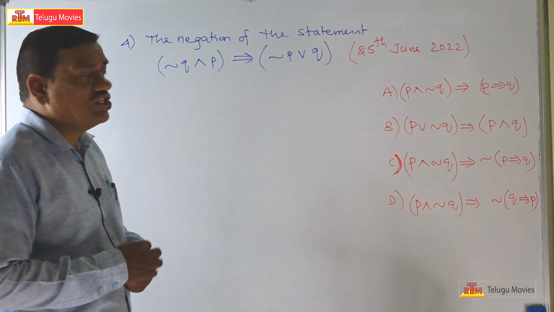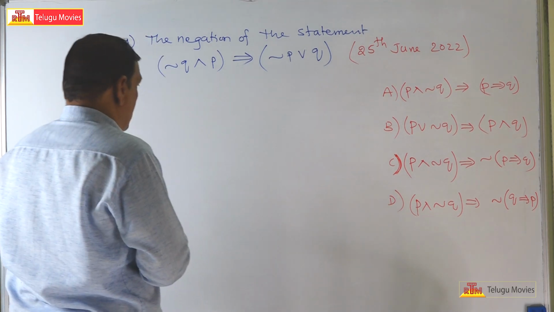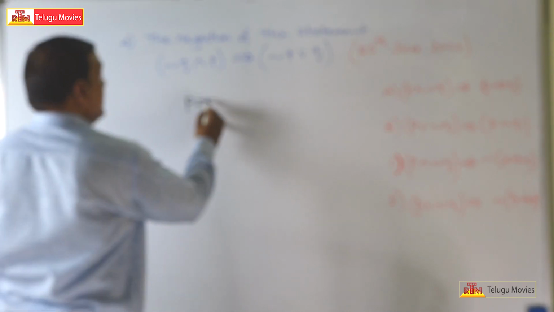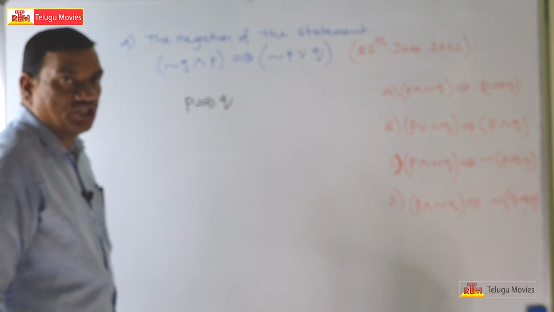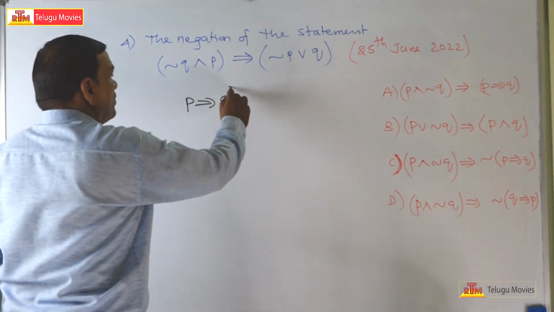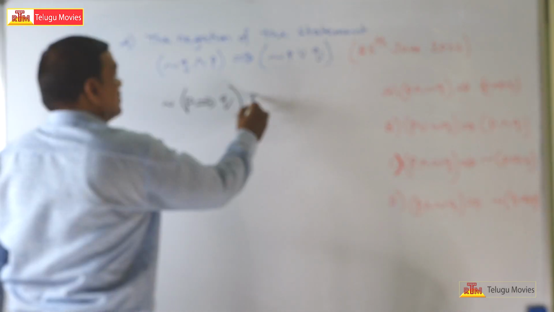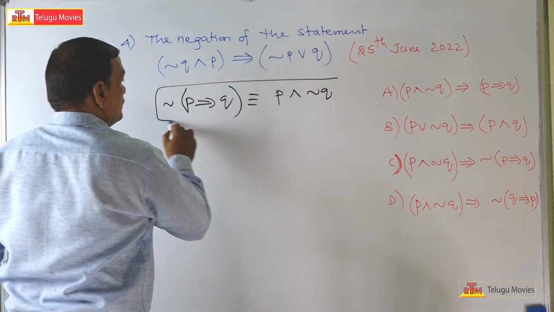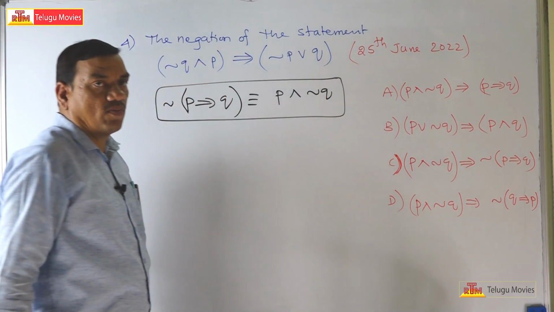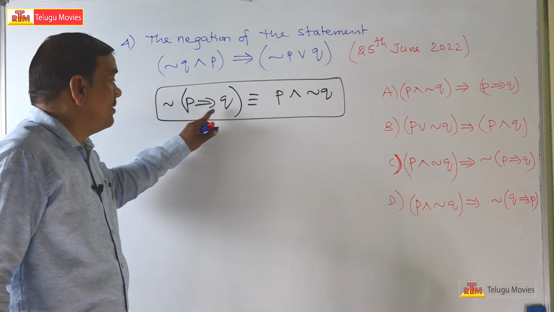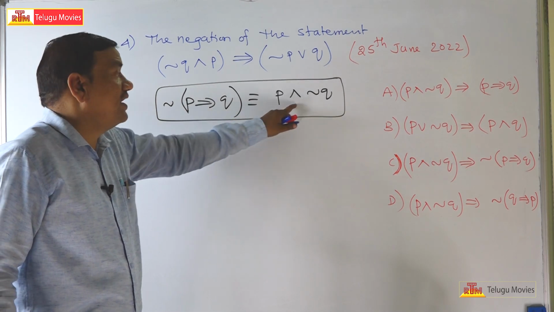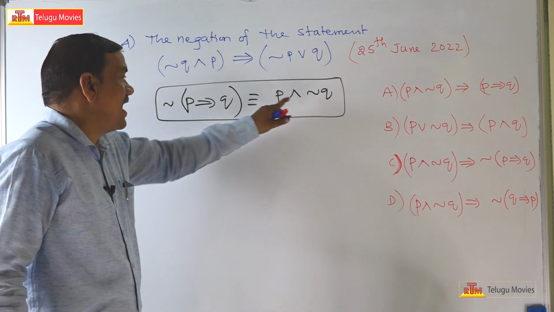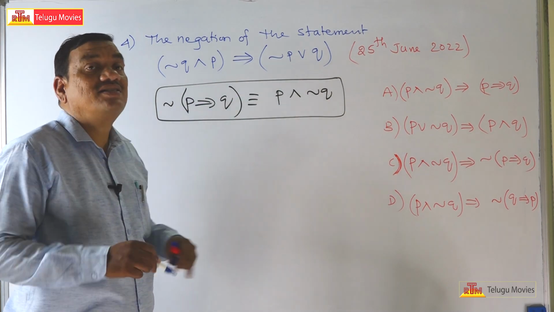For any conditional statement, for example P implies Q, its negation is logically equivalent to P and negation Q. This is a very, very important formula. Negation of P implies Q is logically equivalent to P and negation Q. That means the first statement as it is and the negation of the second statement.